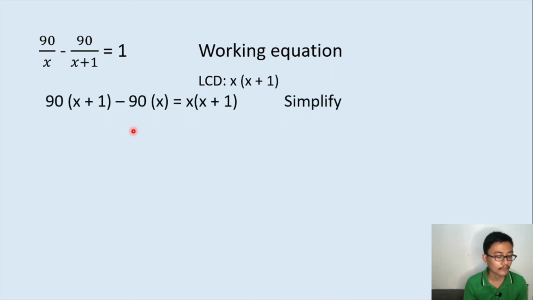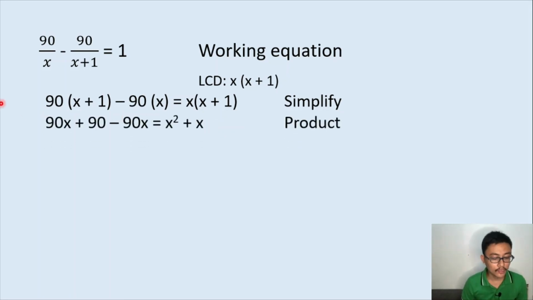Then, to simplify, actually, just cancel x. Matitira is 90 times the quantity of x plus 1 minus, dito naman, ang mawawala is yung x plus 1, cancelled, 90 times x equals, yung 1, syempre, lagay natin lahat yun, x times the quantity of x plus 1.